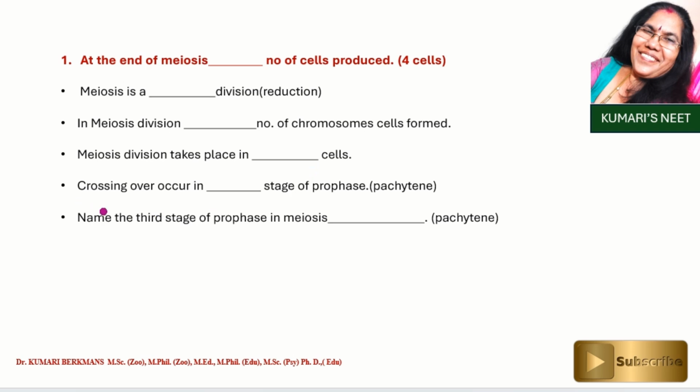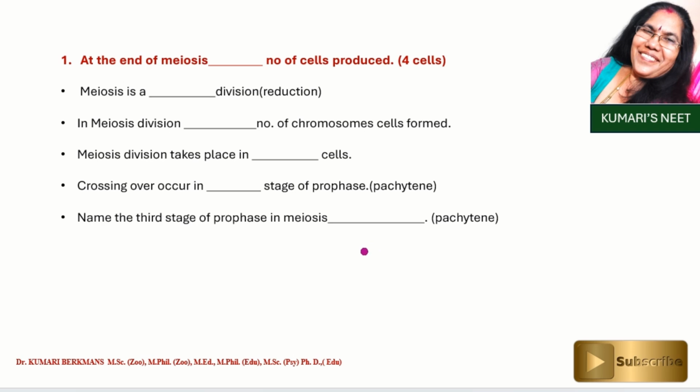Right. Coming to the next question. Crossing over occurs in dash stage of prophase. Which stage? Very good. Quick. Yes, it is pachytene. Very good. Everyone answered. Coming to the next question. Name the third stage of prophase in meiosis.